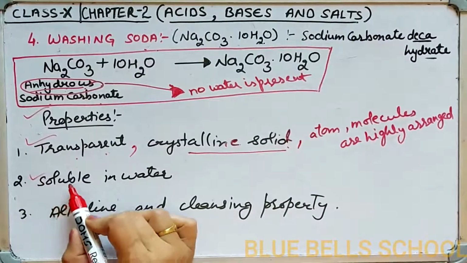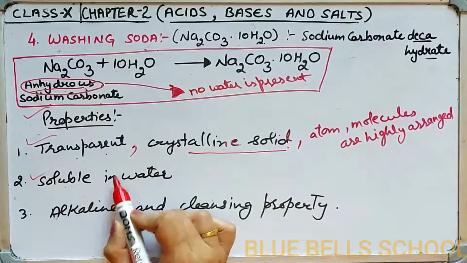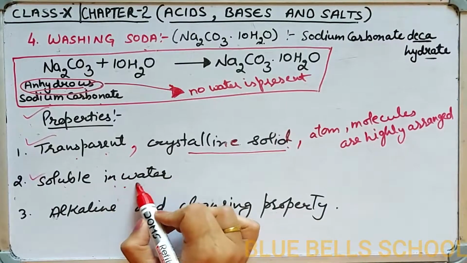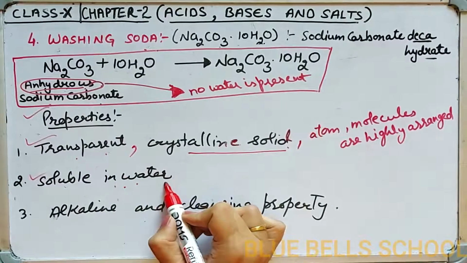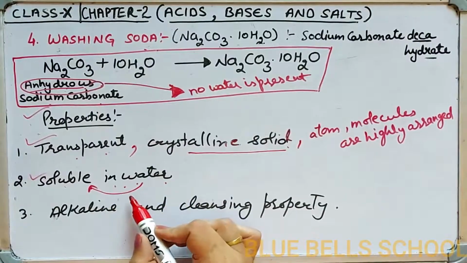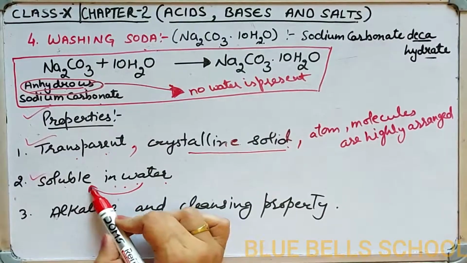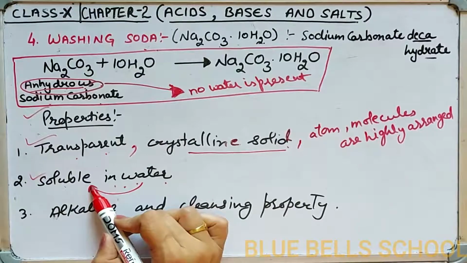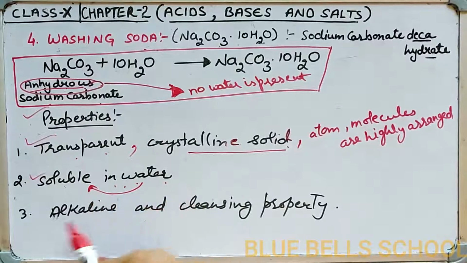Second one is that it is soluble in water. Washing soda can easily dissolve in water, so that's why its nature is soluble. It means it has solubility in water.